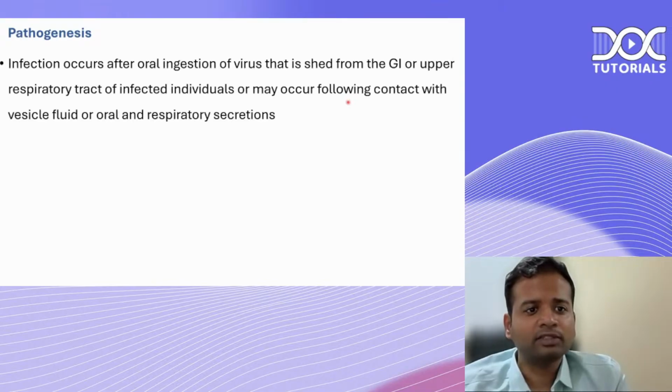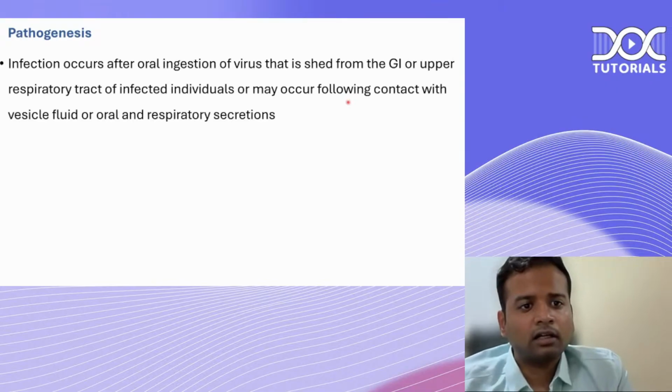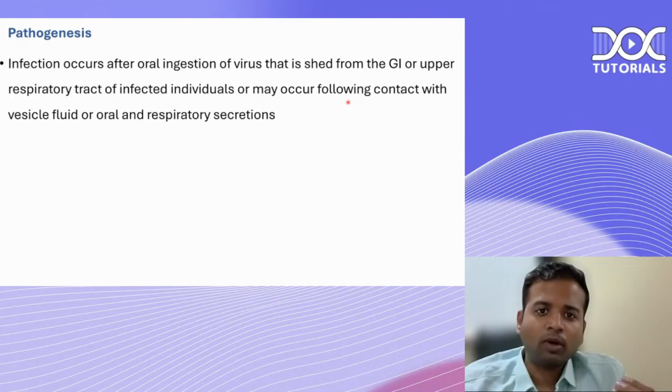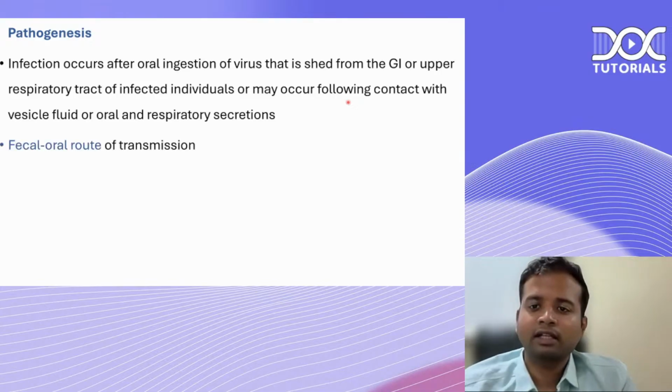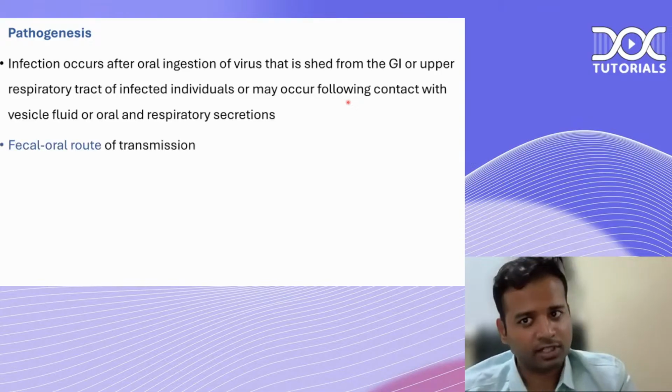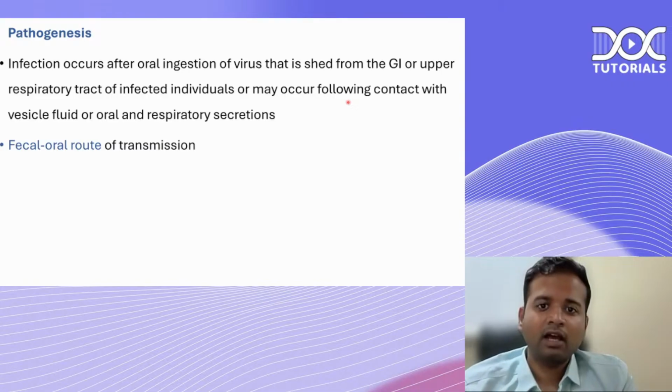So coming to the pathogenesis, how does a child or adolescent acquire HFMD? Most commonly it is the fecal-oral route of transmission. A child spreads the virus through respiratory or oral secretions or gastrointestinal secretions.